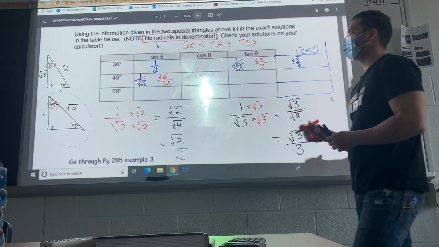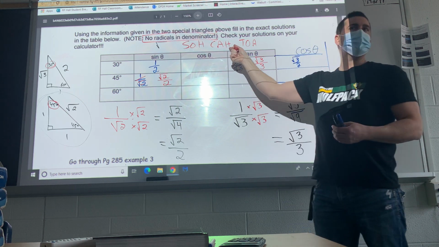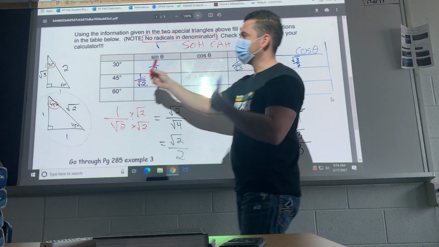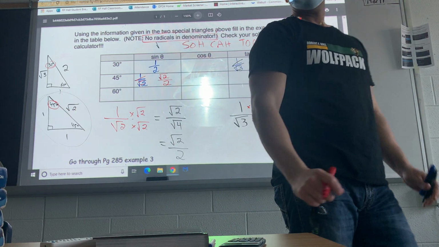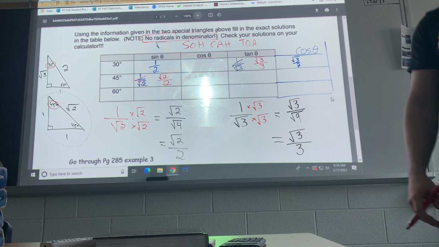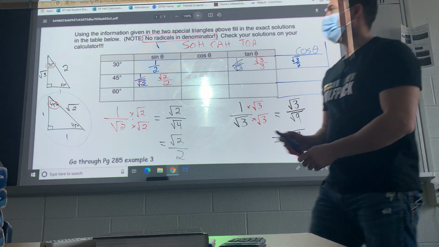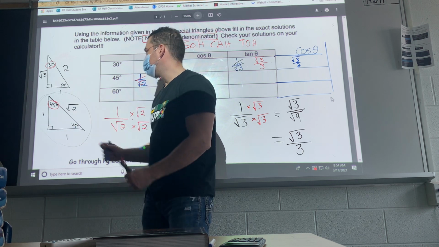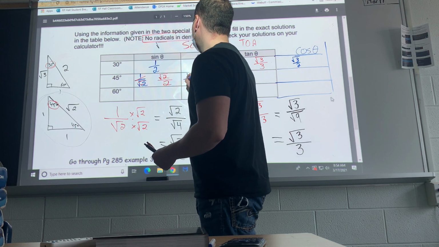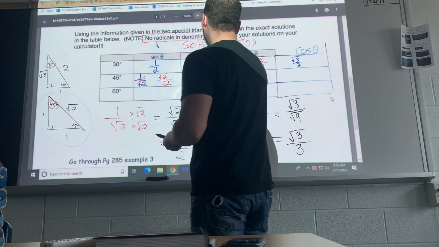Okay, so now we have cos. Cos is adjacent over hypotenuse, A over H. We're still looking at the 45. What would A over H be? 1 over root 2 as well, right? The adjacent is 1, over the hypotenuse, which is root 2. So again, this is 1 over root 2, which we just figured out is root 2 over 2.